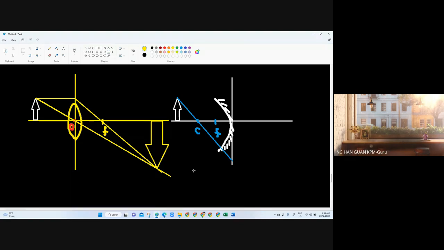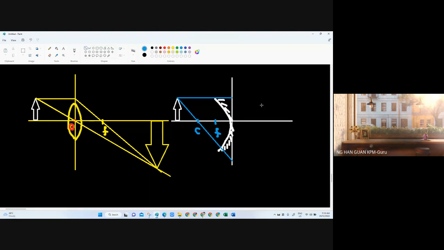But for the mirror, how? For the mirror, it's still the same. We go through the C in a straight line, which is the first ray we draw. Second ray, from the object, parallel with the principal axis, horizontally to the mirror. And after that, we go to the F. Where is the F?